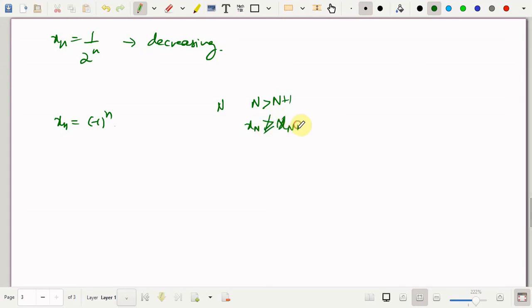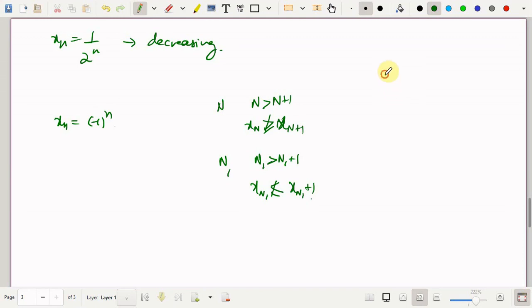Similarly, if you are able to find a natural number n1 wherein xn1 is not greater than or equal to xn1 plus 1. If you can find these two choices of natural numbers, then definitely it is not an increasing or decreasing sequence.